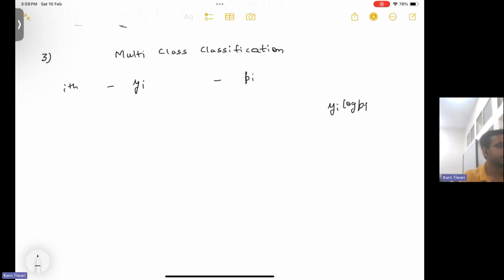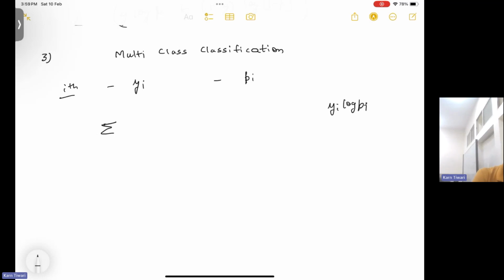Yi is the true class of the ith instance, and pi is its predicted probability.